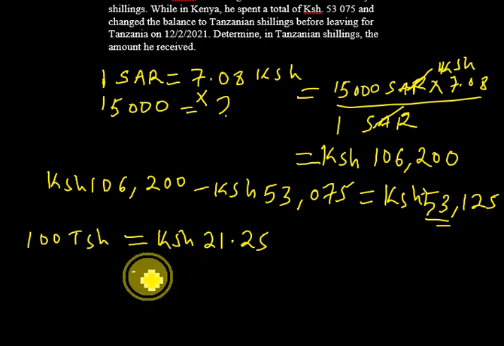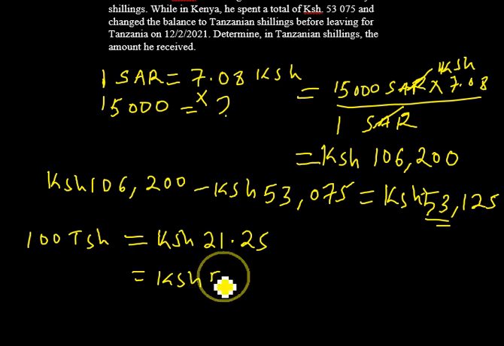What about now Kenyan shillings 53,125? Cross multiply.